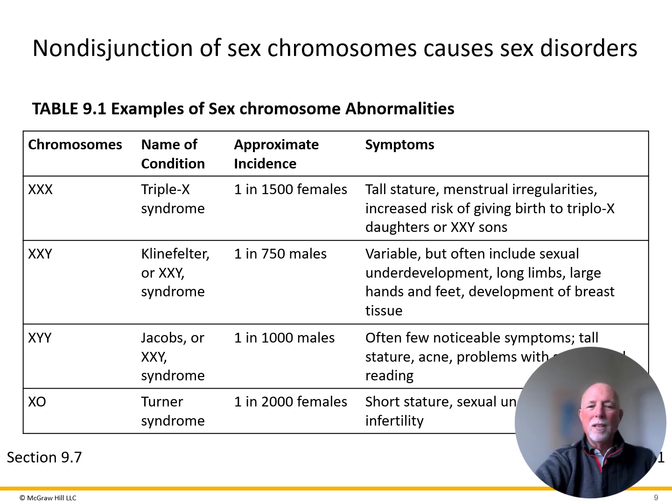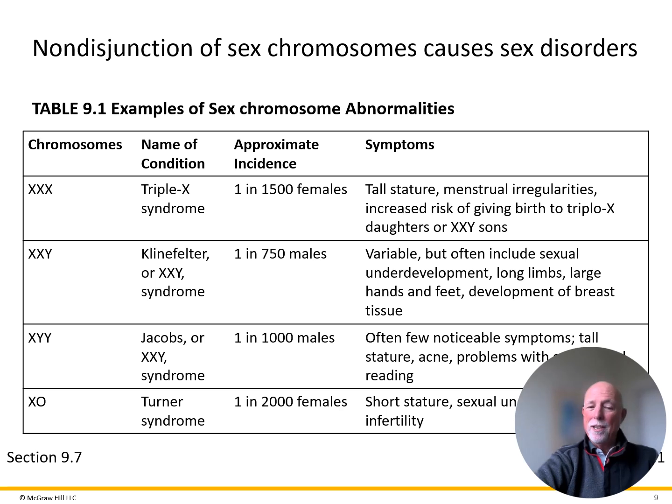We have what we call Klinefelter's syndrome, where we have a male. If the Y chromosome is there, then it is a male, but they have an extra X chromosome. We call this Klinefelter's syndrome. About 1 in 750 male births. They tend to be viable, but they have some sexual underdevelopment, large hands and feet, and some development of breast tissue.